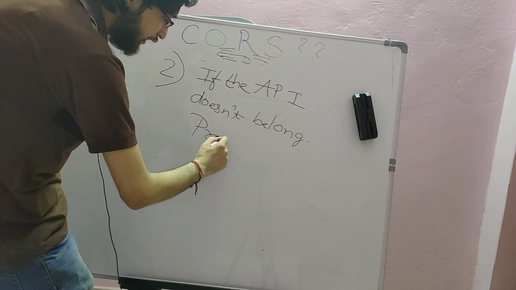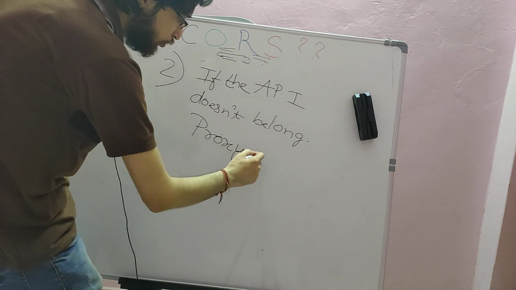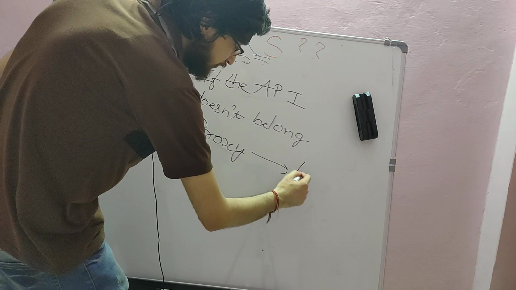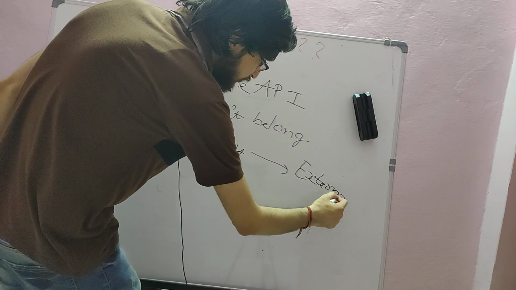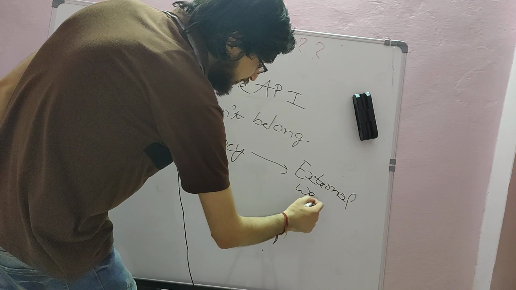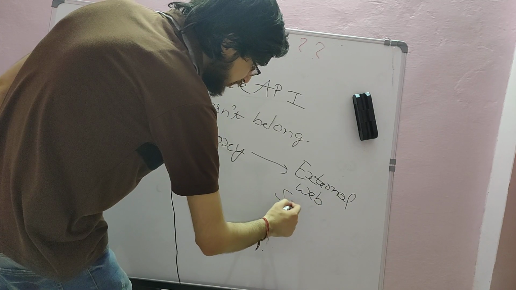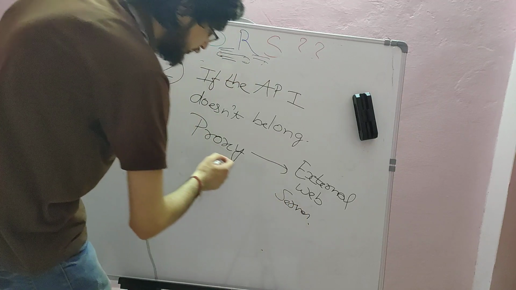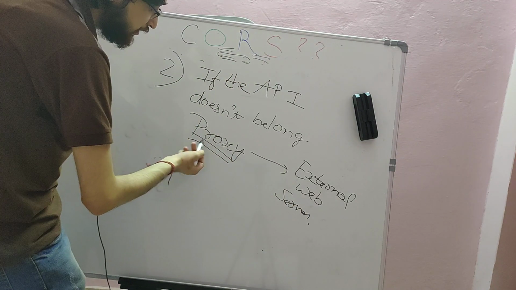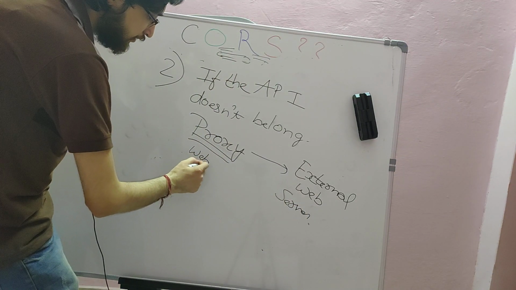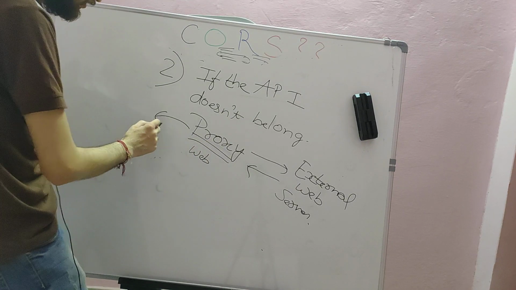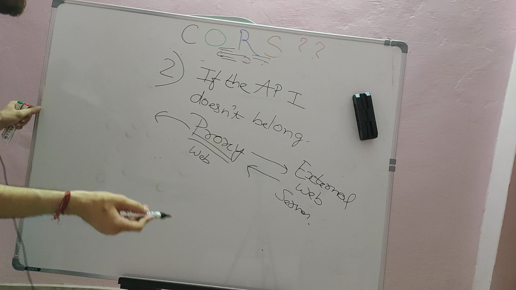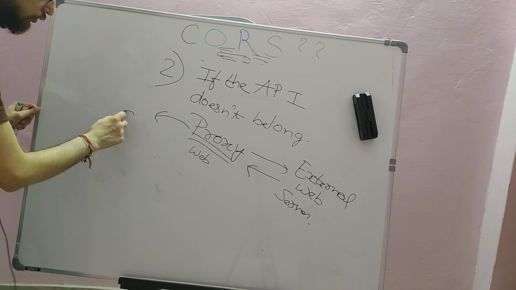You need to use a proxy to make the request to the external web server, and in that case the proxy will be acting as another web server. The resource will return to this proxy, and then this proxy will be responsible for sending that image to your Chrome browser.